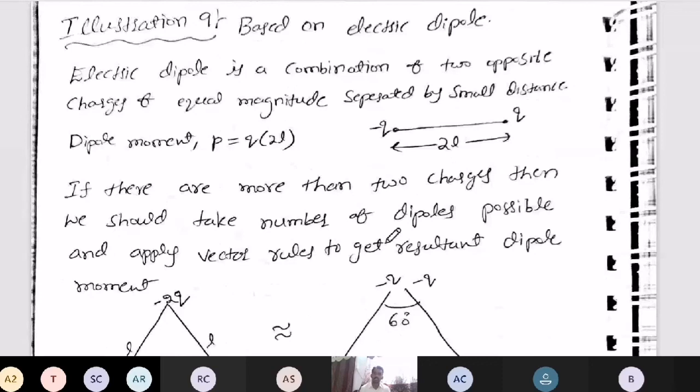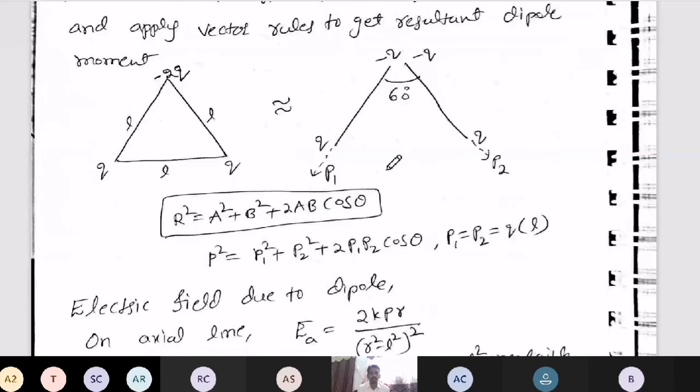Based on the electric dipole, it is a combination of two equal and opposite charges, where the strength of the dipole is called the dipole moment, which is defined as charge into distance between the two charges. Now, the very first kind of question: they will give a combination of dipoles.